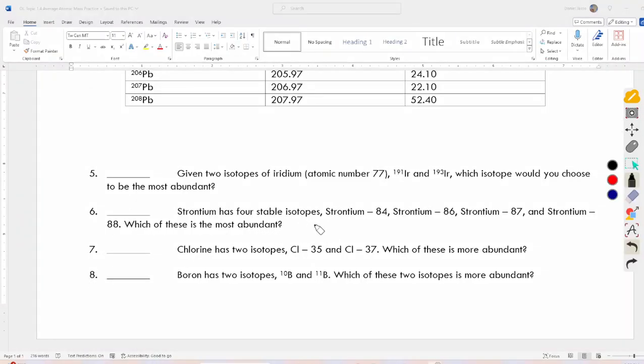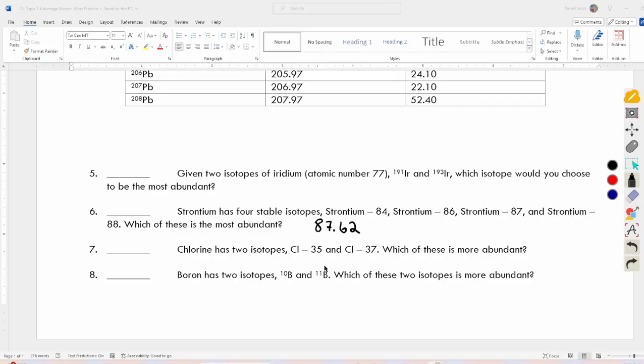Strontium has an average atomic mass of 87.62. So if we look at all of our isotopes, we've got 84, 86, 87, and 88. So it's asking us which of these is the most abundant if our average atomic mass is 87.62.